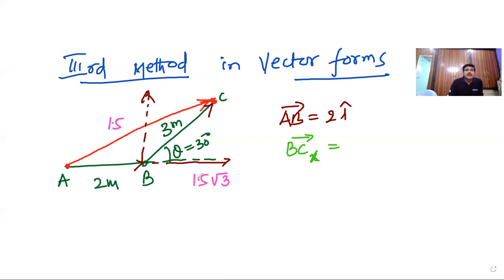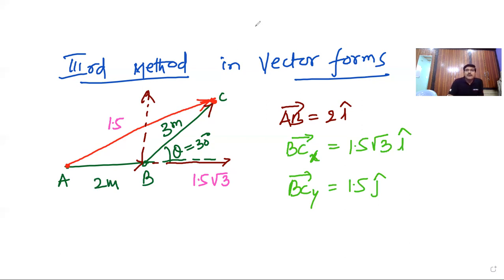How much is BC bar towards the horizontal component? 1.5 root 3, and towards positive, so I cap. Similarly, the BC bar vertical component towards the y-axis, subscript y, is 1.5 towards the positive y-axis, J cap.